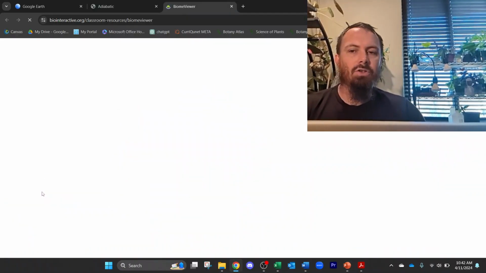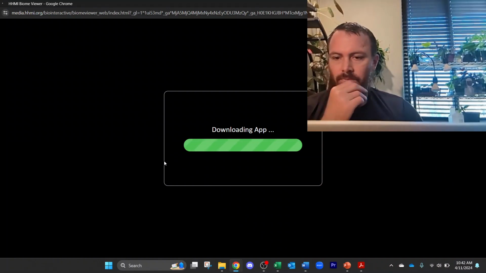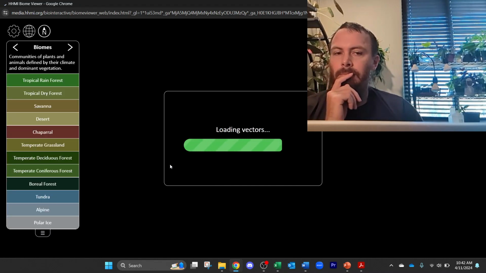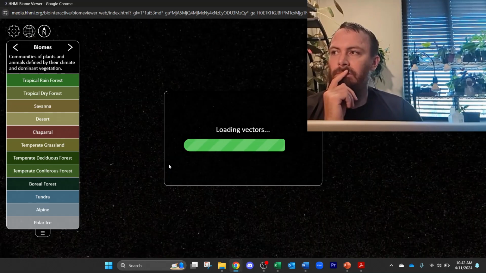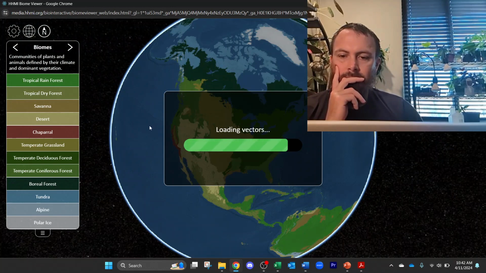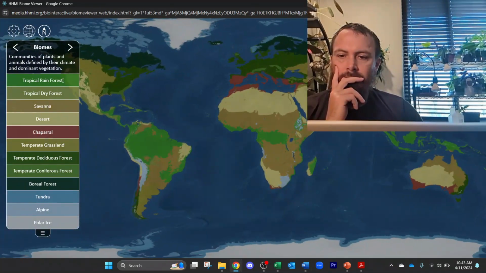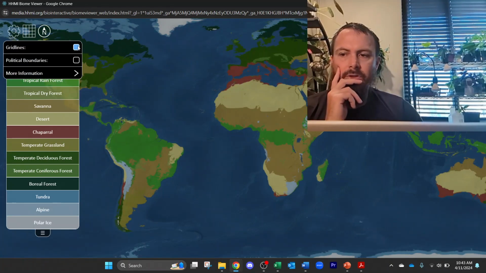So if we go to this biome viewer that describes the different biomes on the Earth, let it load up here. Here we go, get it to show the grid lines.